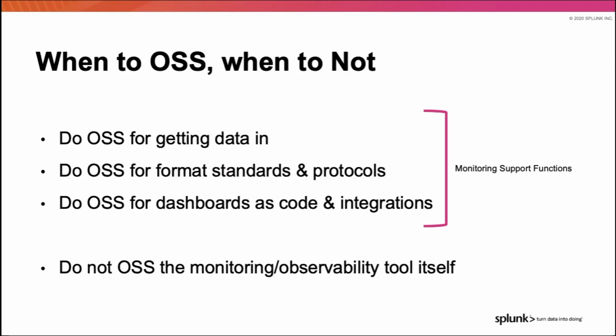Where we do not recommend open source is in the monitoring and observability tool itself. The big reason for that is that your engineering team should be investing energy in utilizing the data inside the monitoring platform, not maintaining it and all the configurations associated with it. And also, it's a moving target. We've already seen this with the evolution from monitoring to observability.